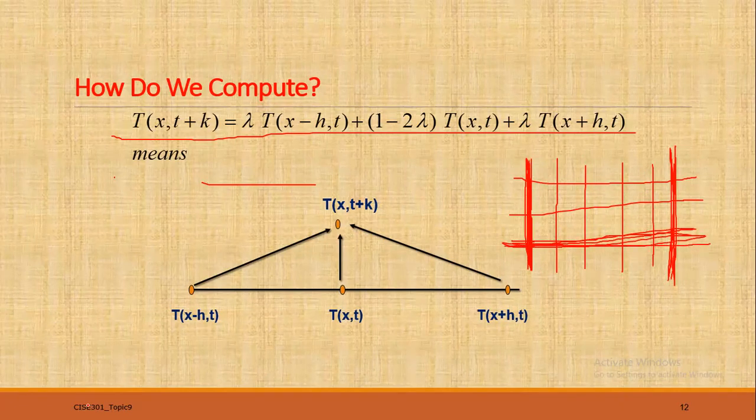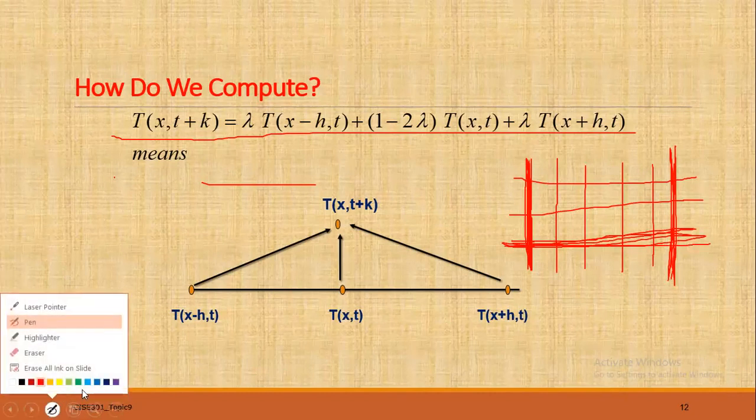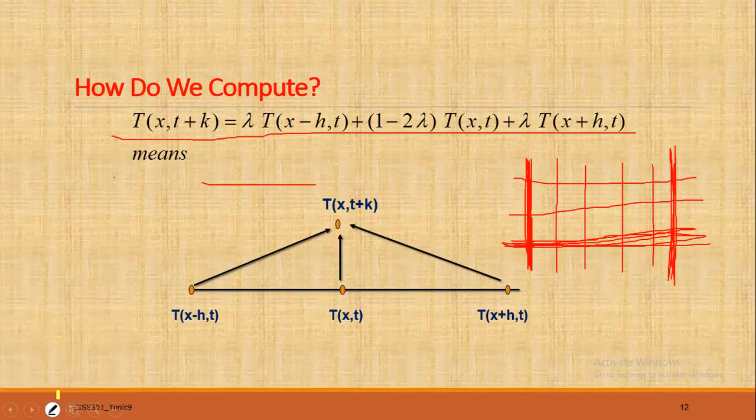So there are three main parts. The first is the boundary condition on the left side. This is the right side boundary condition, and this one is the initial condition.